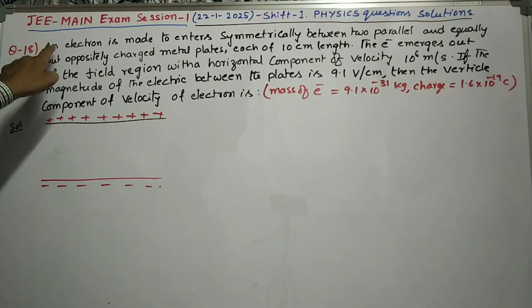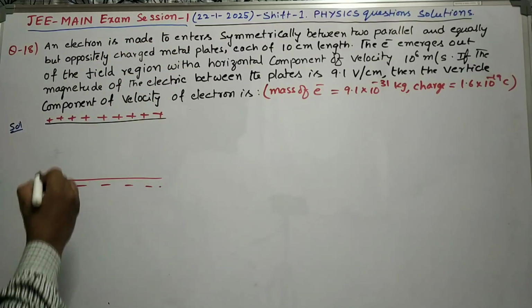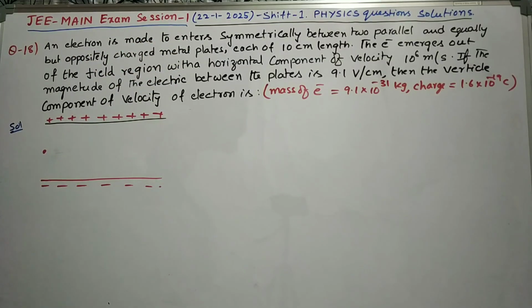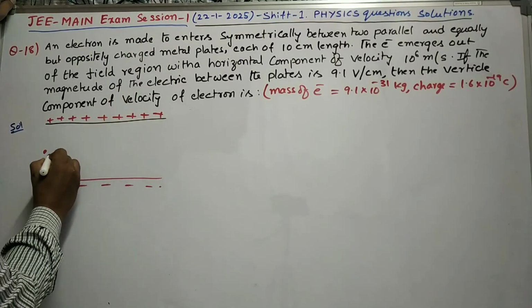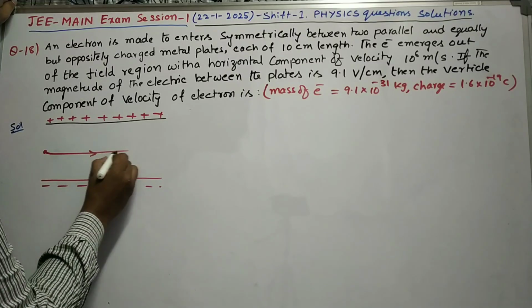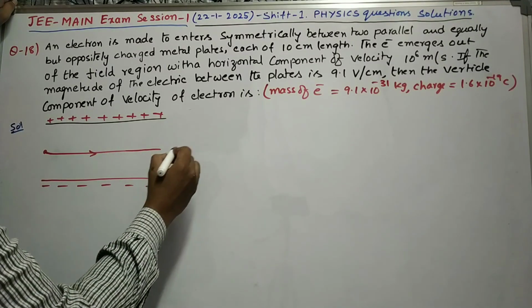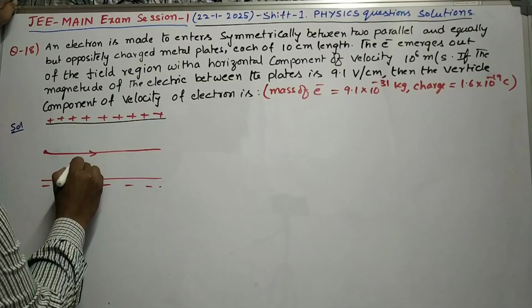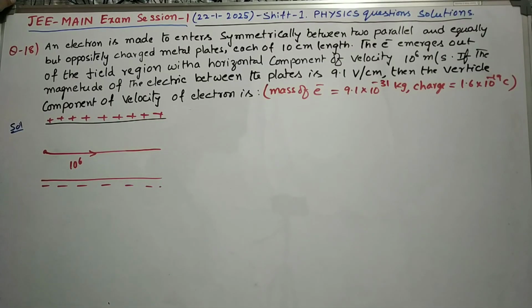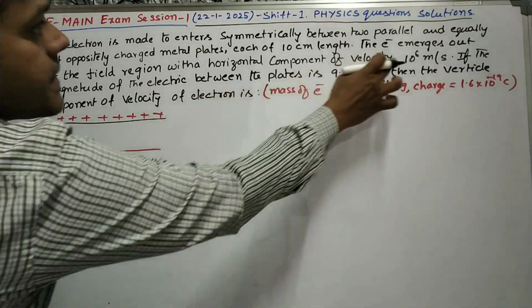An electron is made to enter into this electric field. The electron emerges out with a horizontal velocity of 10 power 6 meter per second, which is given.